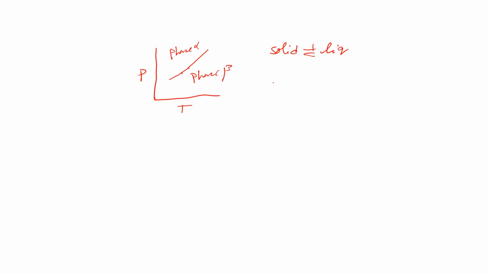Material equilibrium means that for this substance, it is a pure substance, the chemical potential at phase alpha must be equal to chemical potential of phase beta. So, the chemical potential of the substance should be equal in all the phases.